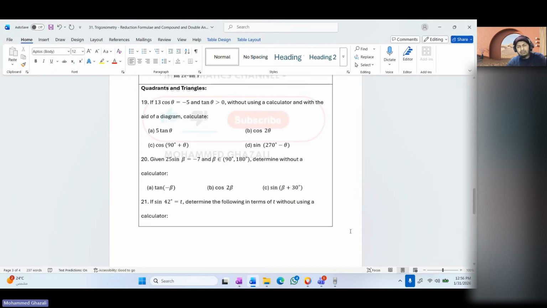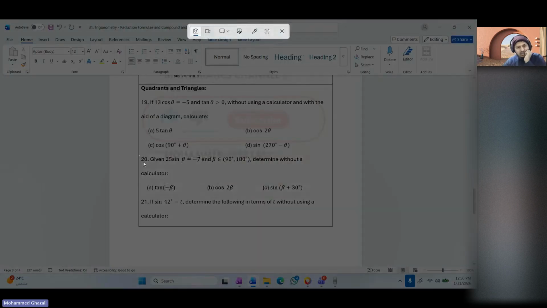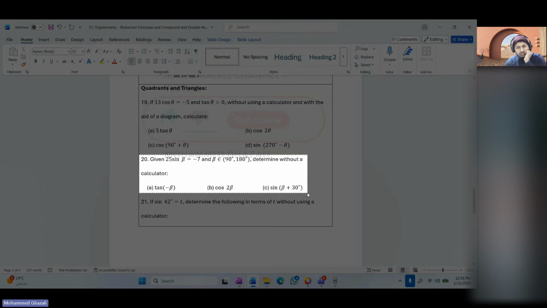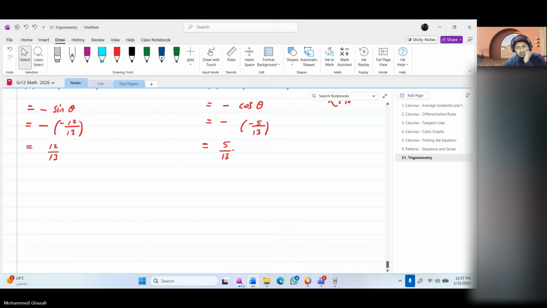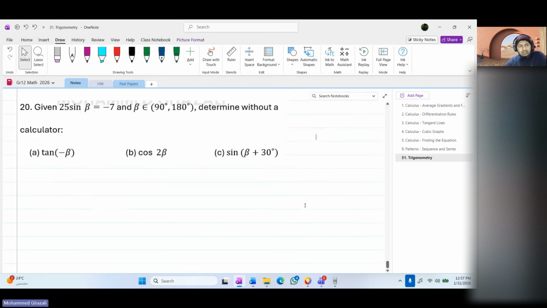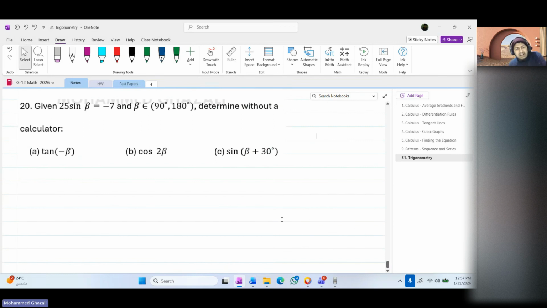We have a similar problem to this. Question 20, I'll just draw one diagram and answer all these questions quickly. It's not going to take us long. Right, so we have: if 25 sine beta is equal to negative 7 and beta is between 90 and 180, determine... They already give you the answer here.